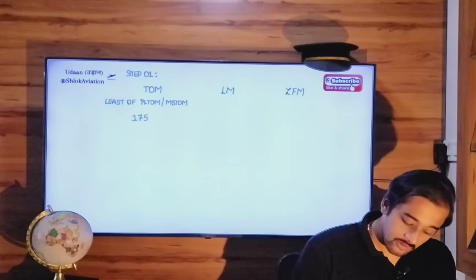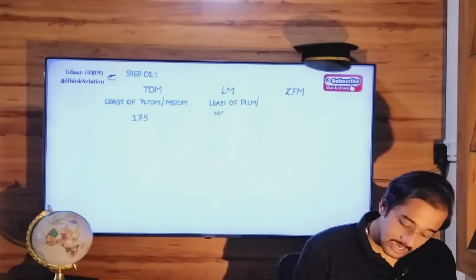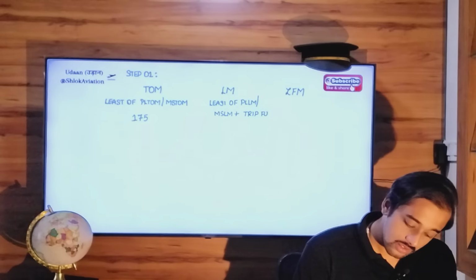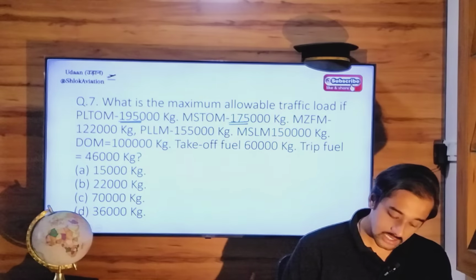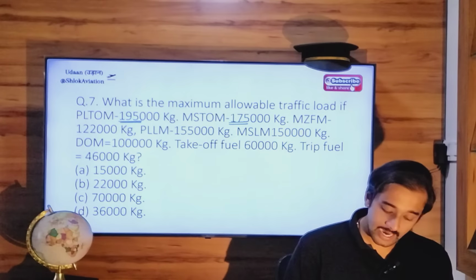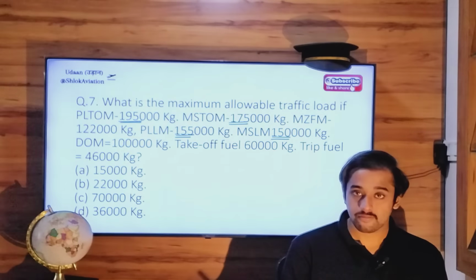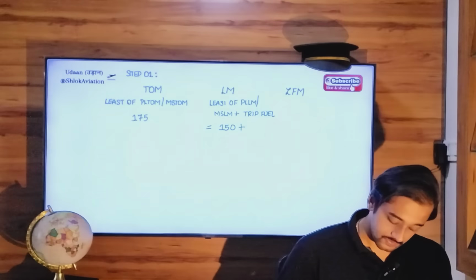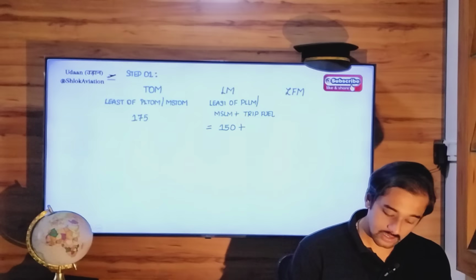In case of landing mass, you have to choose the value which is least of performance limited landing mass, maximum structural landing mass, and you are going to add trip fuel to that. So performance limited landing mass is 155, structural limited landing mass is 150. So the lesser value is 150 plus trip fuel which is 46,000 or 46.